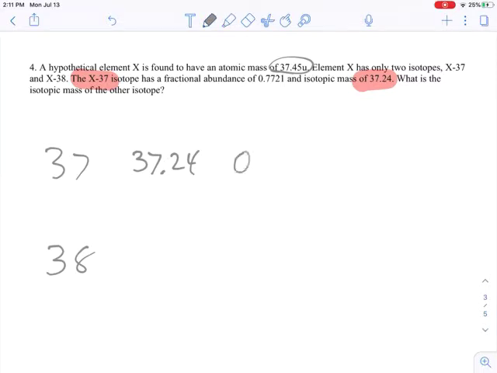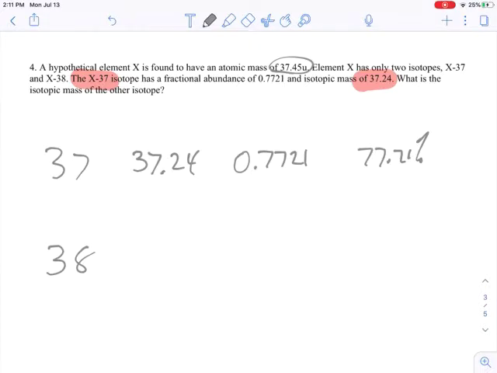And, by the way, they're telling you that it has an isotopic fraction of 0.7721, which means that it's 77.21% that is there. Now, they don't tell you anything about 38, except that they kind of do, in that they're telling you that there's only 37 and 38.